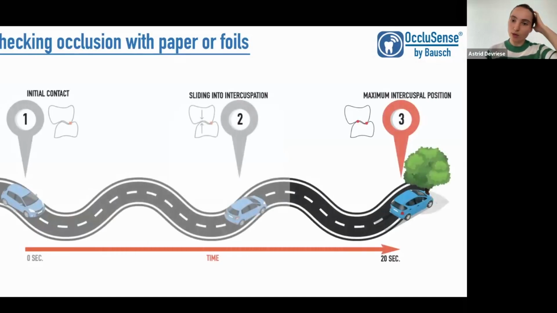If you have the occlusal paper, then you only see the third step, which shows you the maximum intercuspidal position. But the initial contact and also the sliding into the intercuspidation is not visible at all. And this is a disadvantage of the occlusion paper.